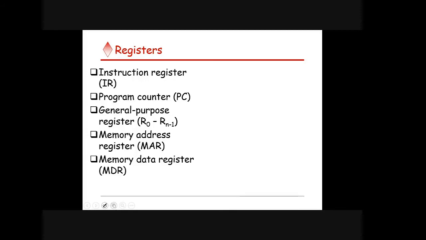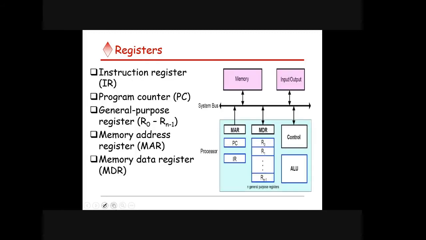PC is the program counter. R0 to Rn-1 are the n general purpose registers. MAR is the memory address register, and MDR is the memory data register. So these are the expansions.